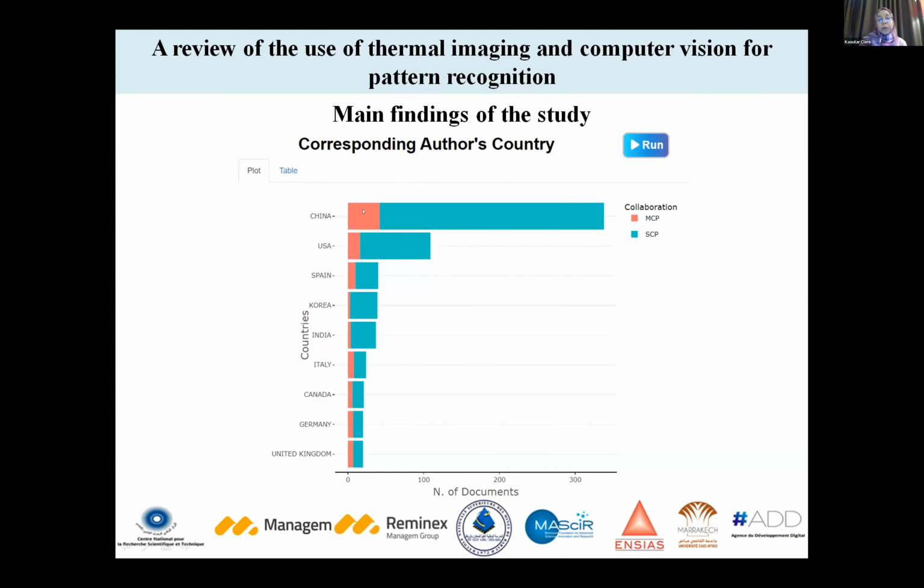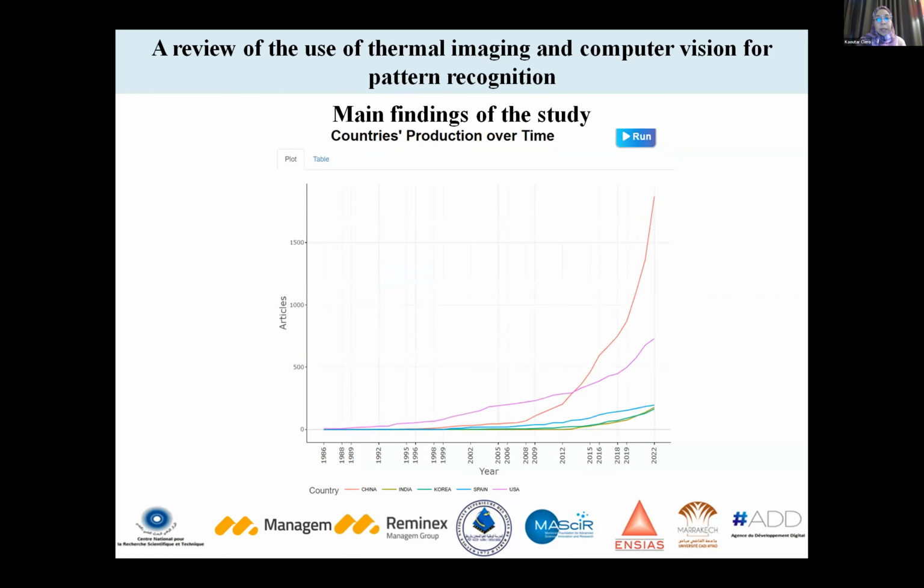China is first regarding both single and multiple country publications. And regarding the evolution of the publications, we can see the slope of this curve, which is very important compared to the others.